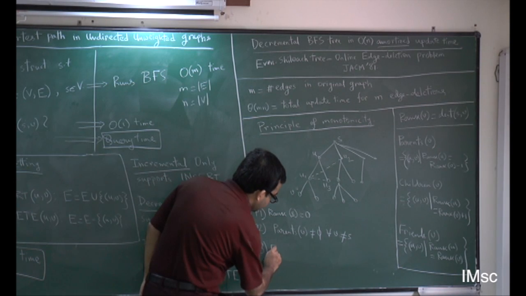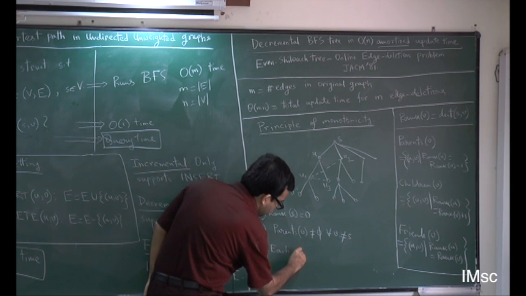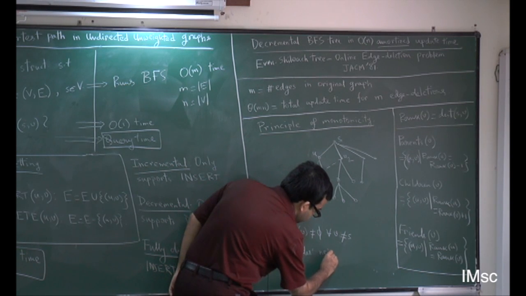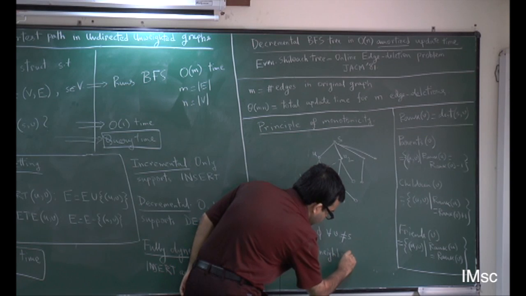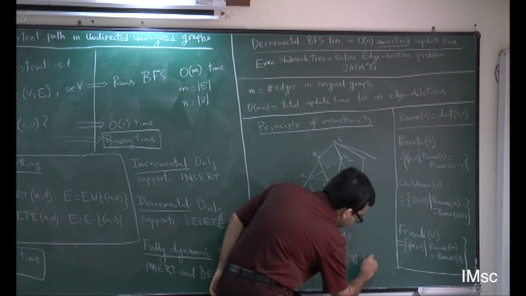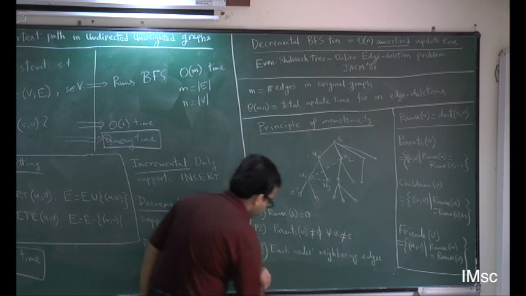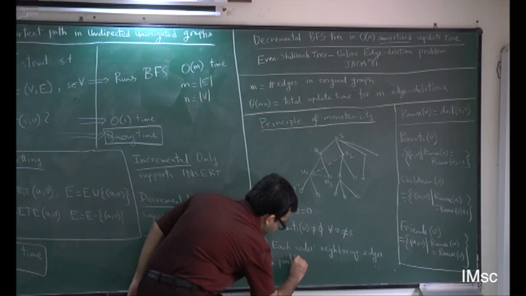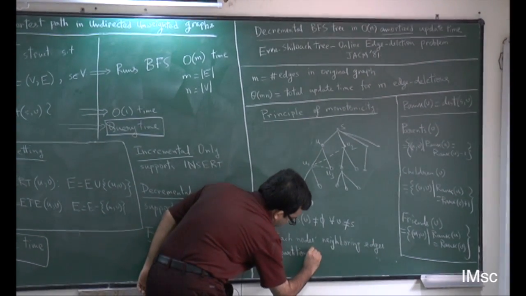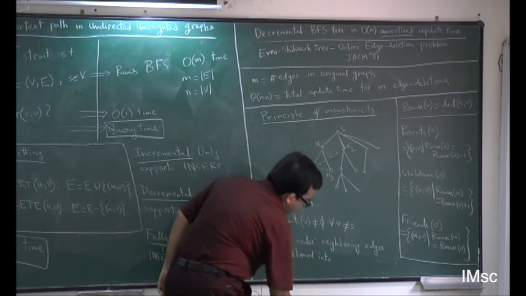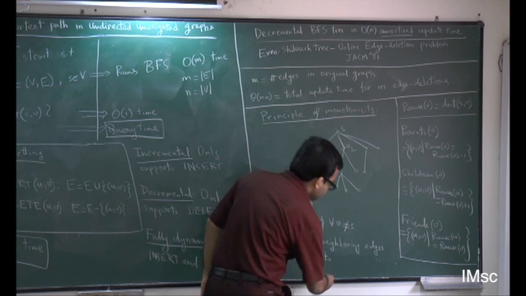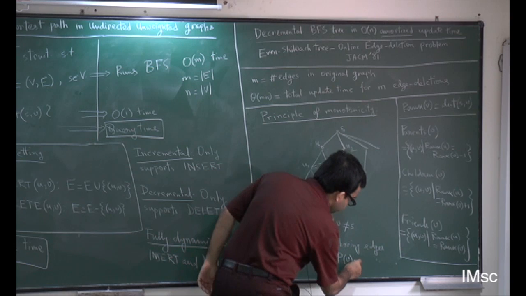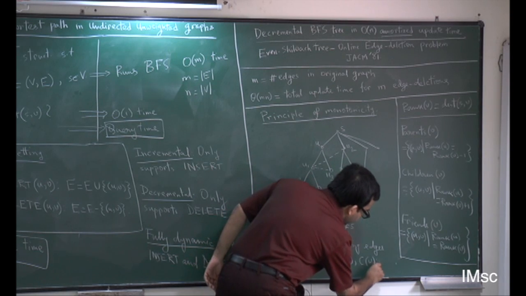So, property 3 is each node's neighboring edges are partitioned into, I am just writing it short, and PV stands for parents of V, children of V and friends of V.